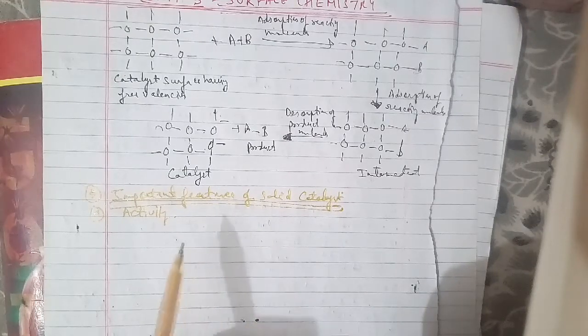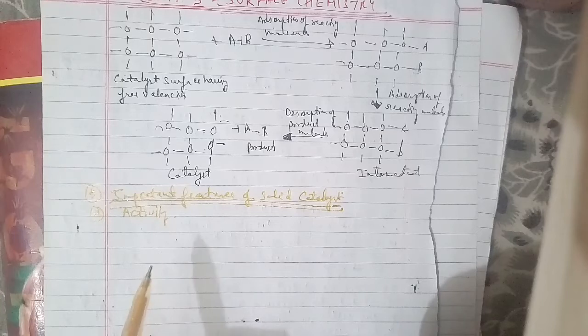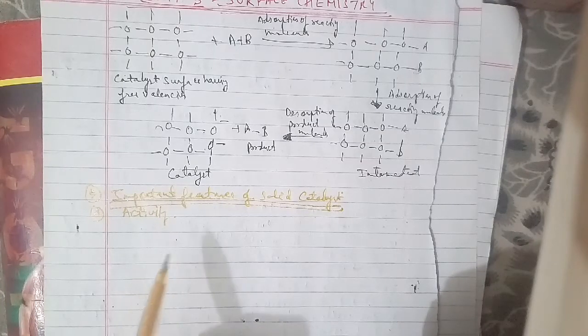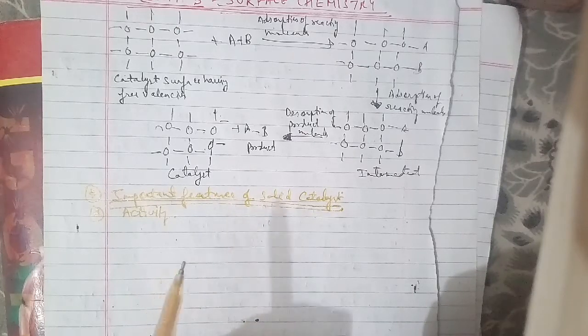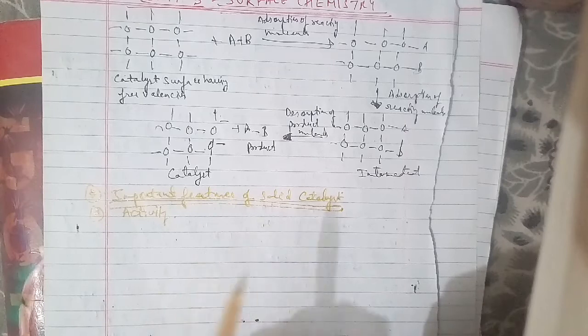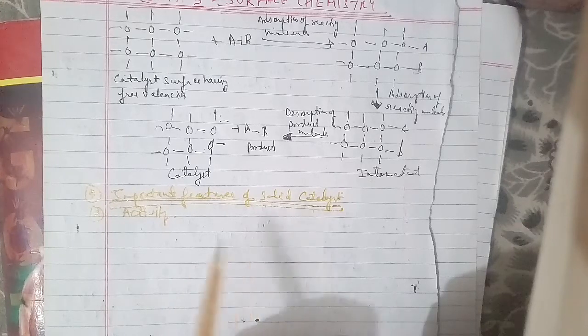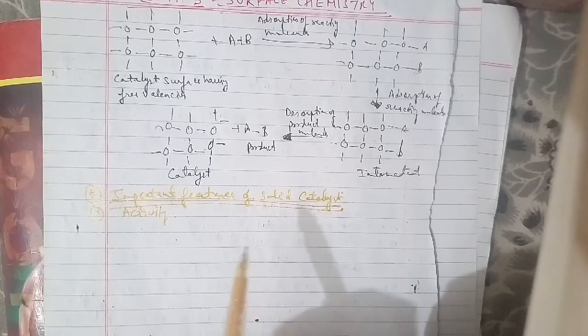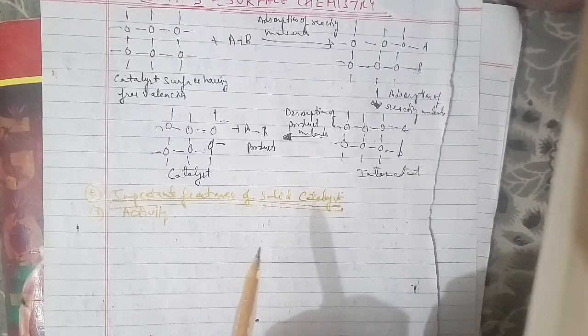Catalytic activity increases from group 5 to group 11 metals, with the maximum activity shown by the group 7 to 9 elements of the periodic table here. For that we have the reaction 2H2 plus O2 will give 2H2O, in the form of liquid here.